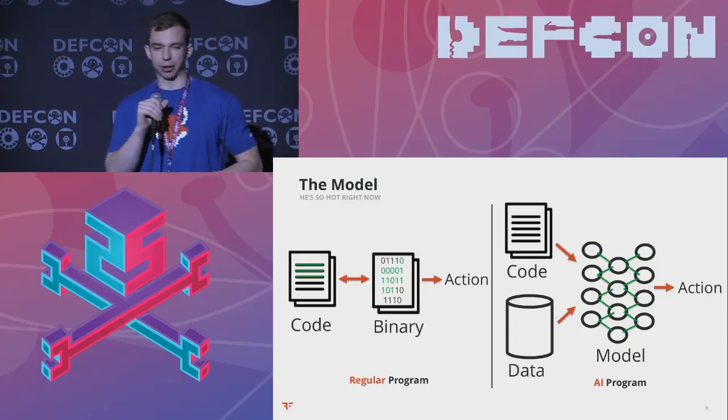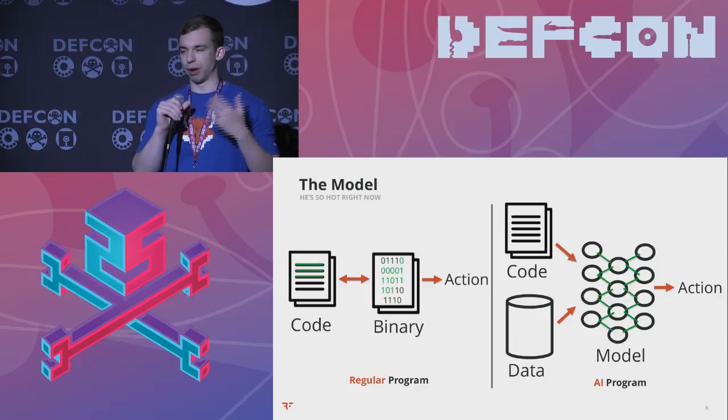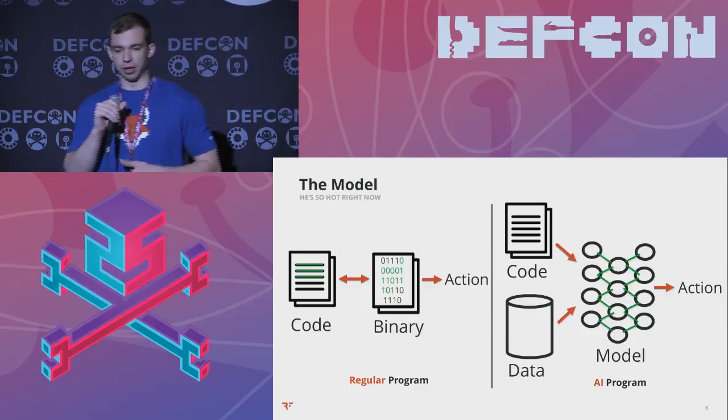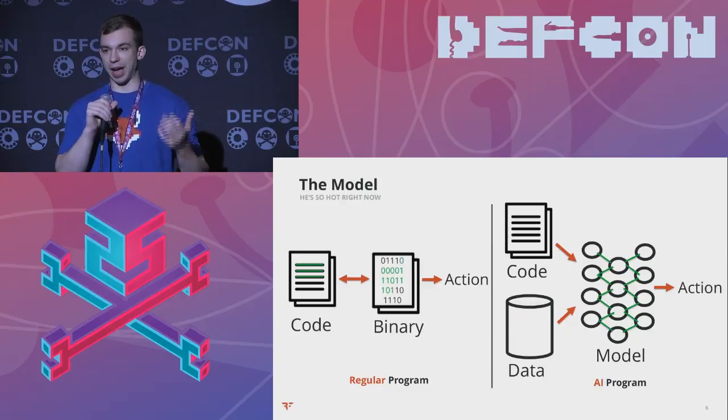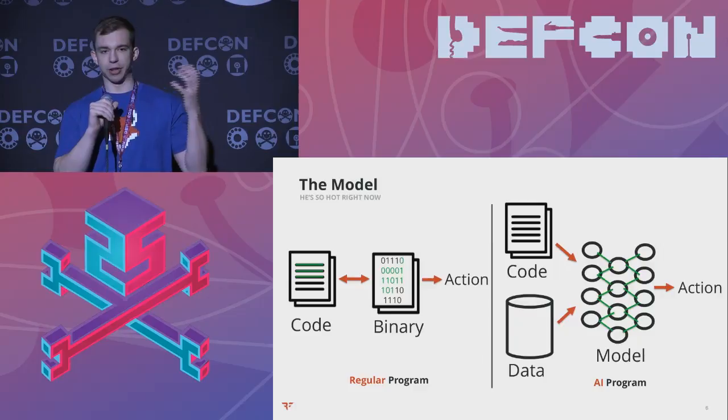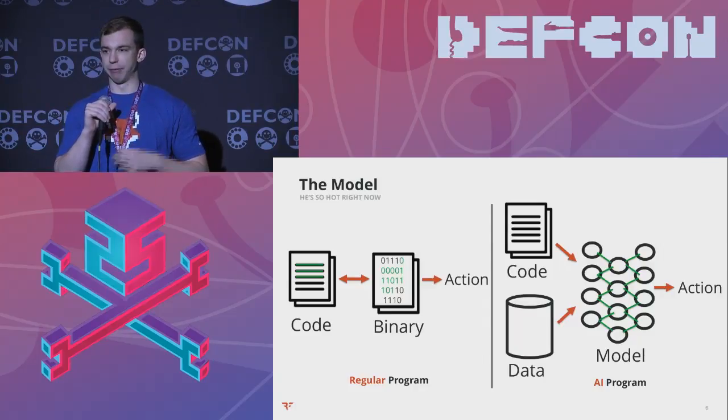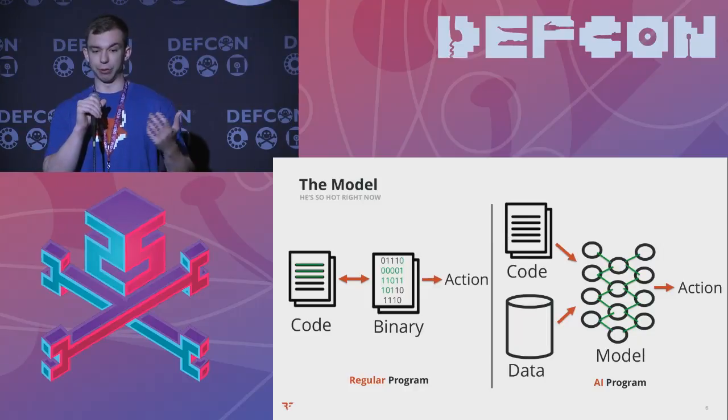The model will decide an action based on probability and what data it has seen in the past. That's where the learning kicks in. It can use the data you supply to learn what has happened in the past and decide what actions to take in the future.